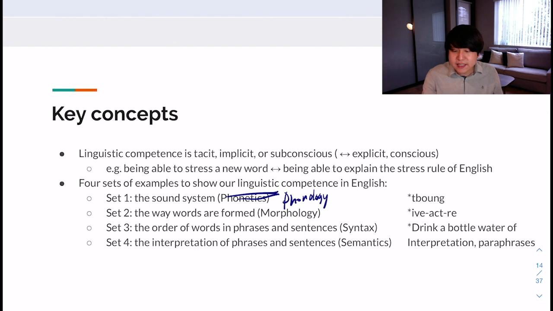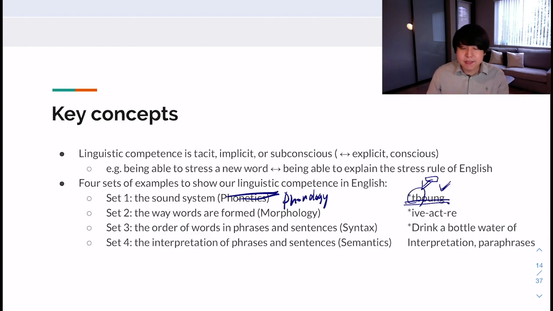You know that the word "tabung" is impossible in English. TB is an illegal, non-grammatical initial consonant cluster in English, so "tabung" is not a word in English. You know that automatically because you have the phonology level of linguistic competence.